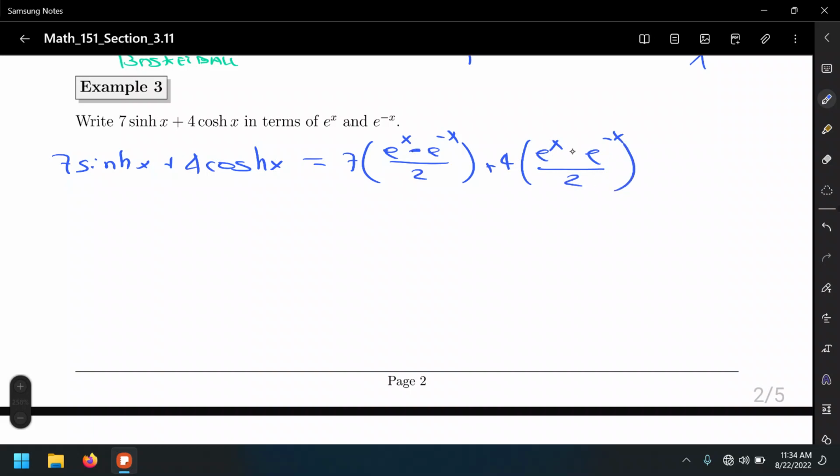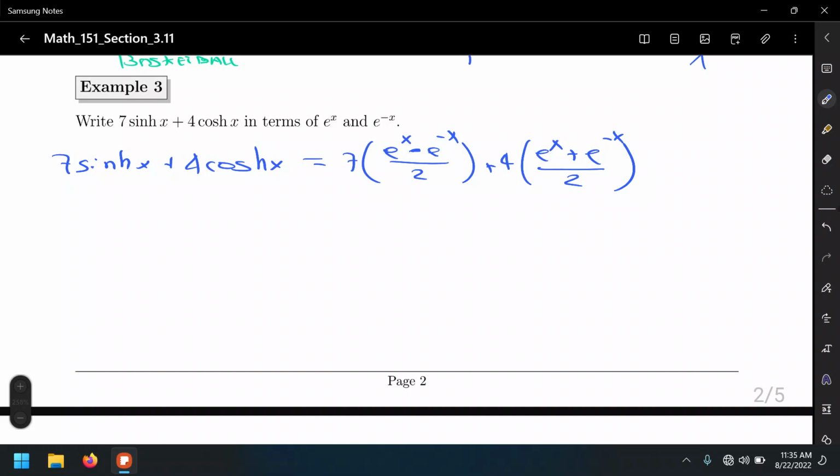Sinh has the negative in between and cosh has the positive in between. Again, that's a good way to remember those two identities, so you don't have to memorize the 6 of them. All you need to know is sinh is this definition and cosh is that definition, and to distinguish is the sign in between the exponential terms. From there, the other 4 just come the same way we did it before.